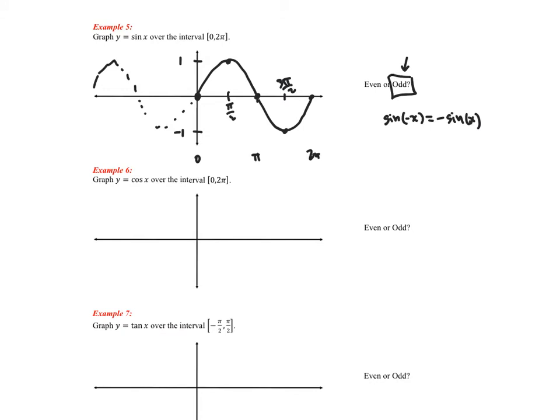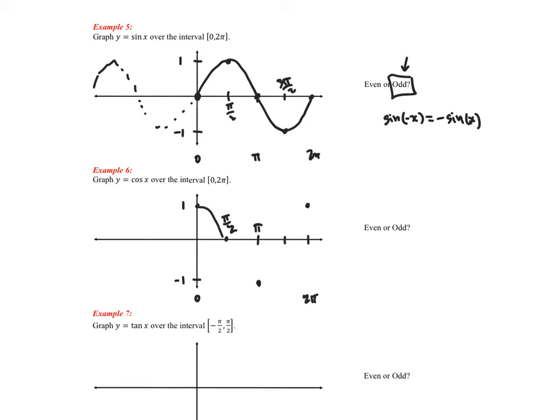Okay, cosine, of course. Cosine of 0 is 1. Cosine of 2 pi is 1. And cosine of pi is negative 1. At pi over 2, cosine is 0.